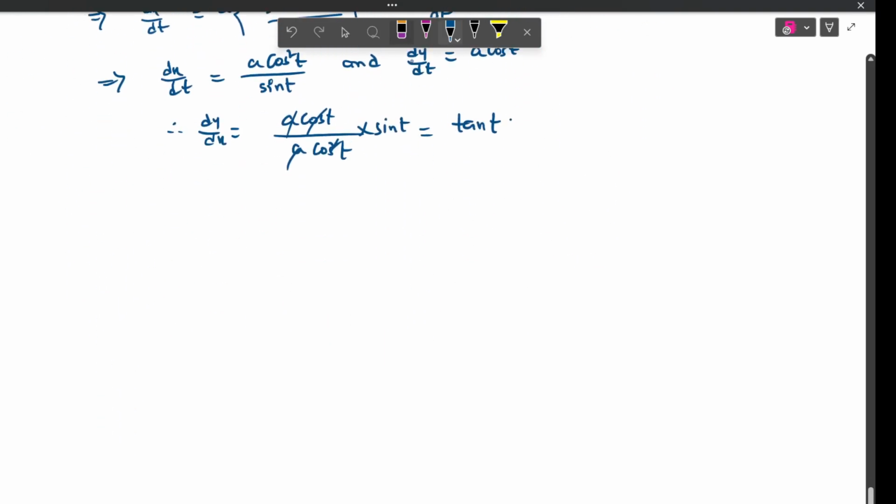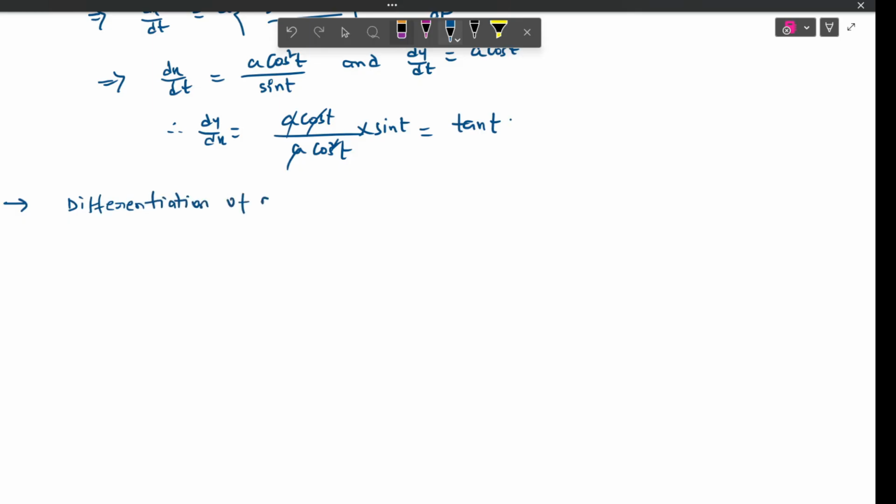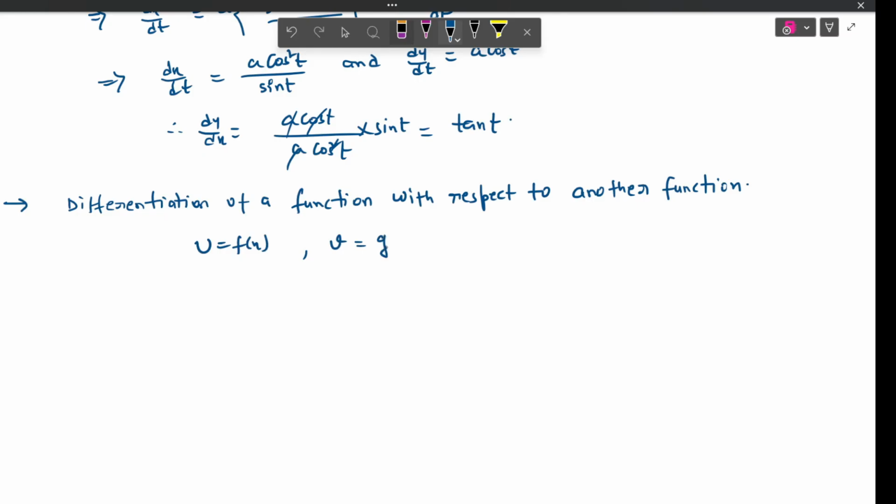Now let's move forward to our next topic, that is differentiation of a function with respect to another function. Okay, let we have a function u, which is a function of x, and we have a function v, which is a function of x.